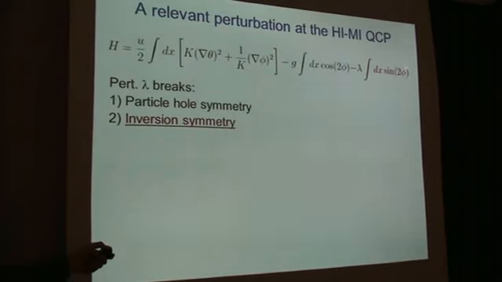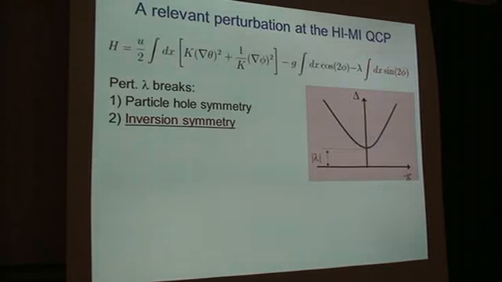And taking phi to minus phi flips this term. So this term is odd under inversion, and therefore adding a lambda term breaks the inversion symmetry we had in the original Hamiltonian.